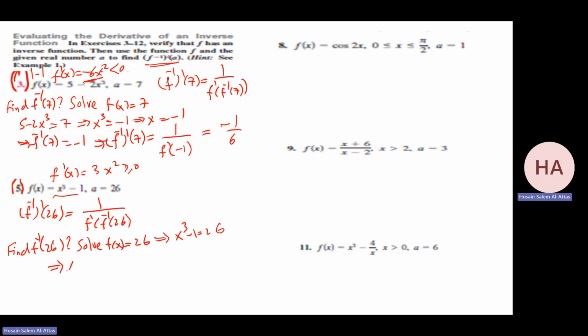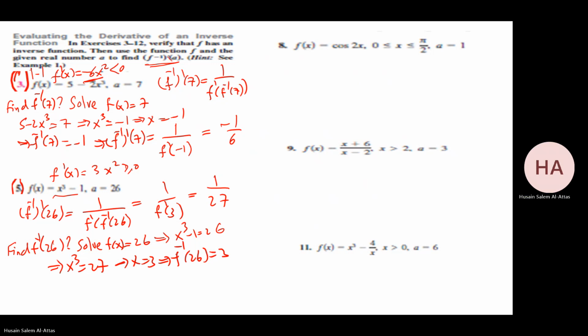So I have x cubed equals 27. So I have x equals 3. So f inverse of 26 equals 3. So that will be 1 over f prime at 3. And what is f prime at 3? It will be 3 times 9, which is 27, so the answer is 1 over 27.